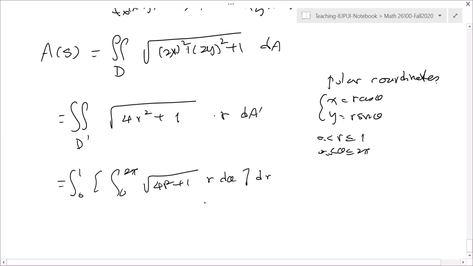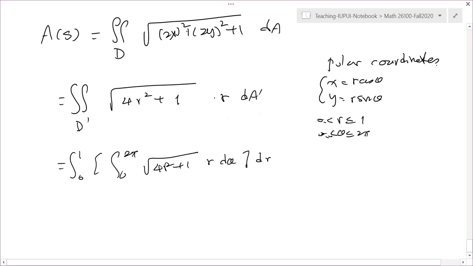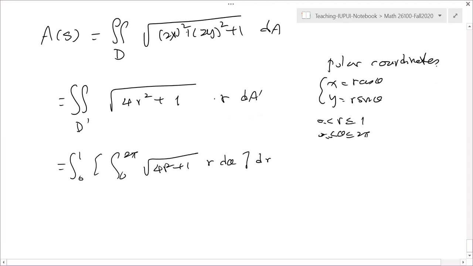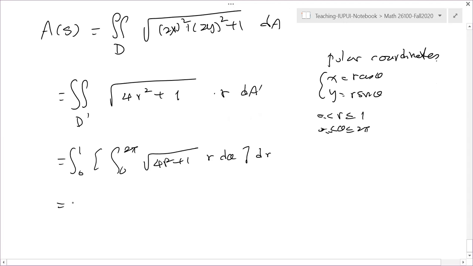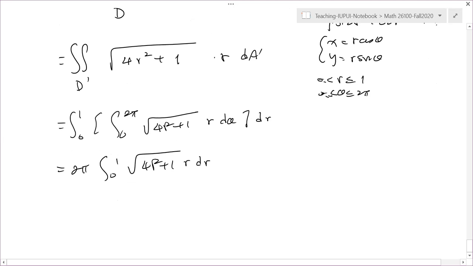Now you can change it to the iterative integral. And then it's 2 pi, so let's take 2 pi out. Then you have to use substitution.